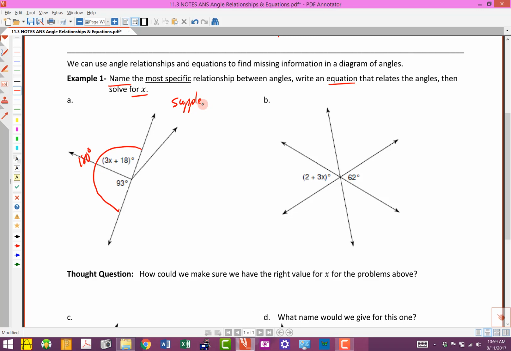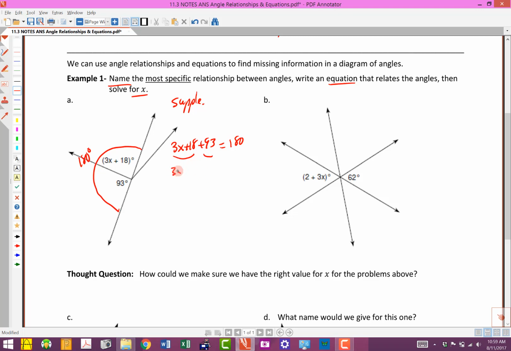So we got that part taken care of. Next, we need an equation, and the equation would be that we're going to take that 3x plus 18 plus 93. So we're going to take the one angle and the other angle, and we're going to add those together, and it should equal 180 degrees because that's what supplementary means. So we've got the name, we've got the equation. Now we want to go through and solve this.